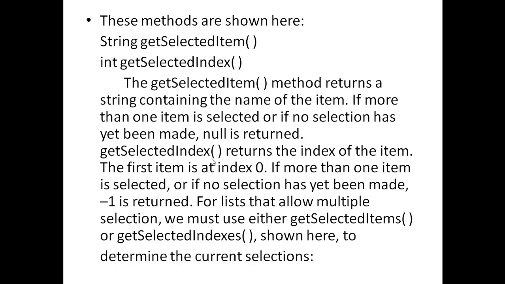If more than one item is selected, or if no selection has yet been made, null is returned. The getSelectedIndex method returns the index of the item. The first item is at index 0. If more than one item is selected, or if no selection has yet been made, -1 is returned.